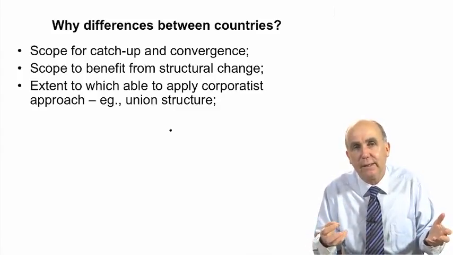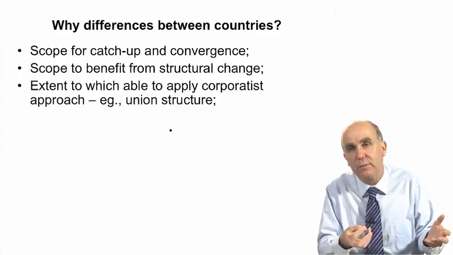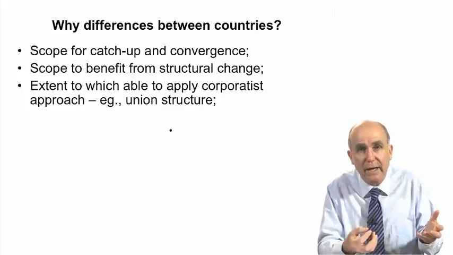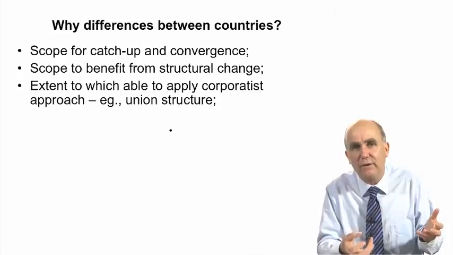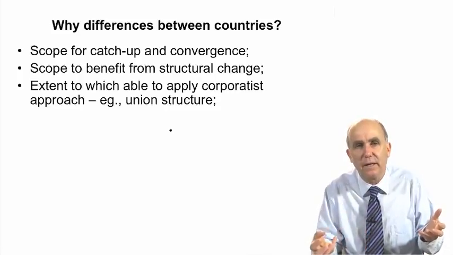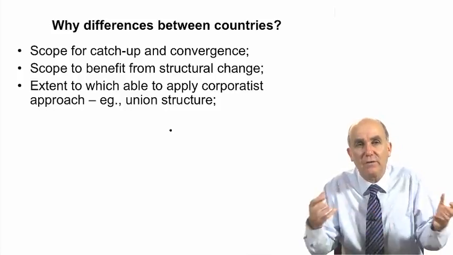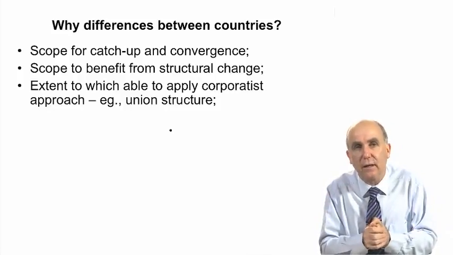For example, it seems that a corporatist approach could be more easily implemented where the union structure was one of industry unions, such as in Germany, rather than the more craft-based type unions of the United Kingdom.